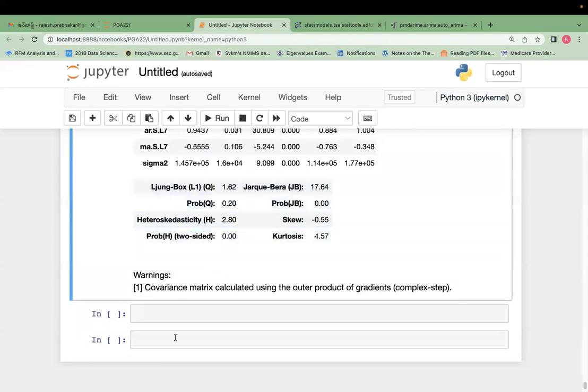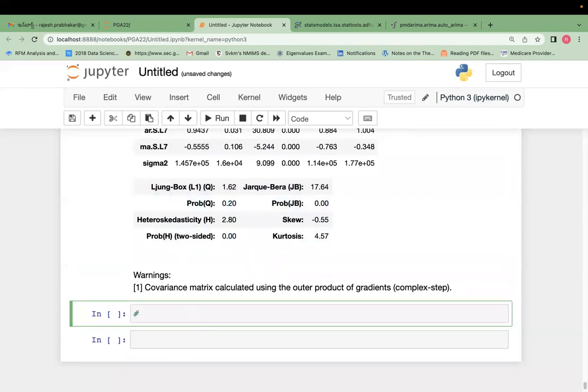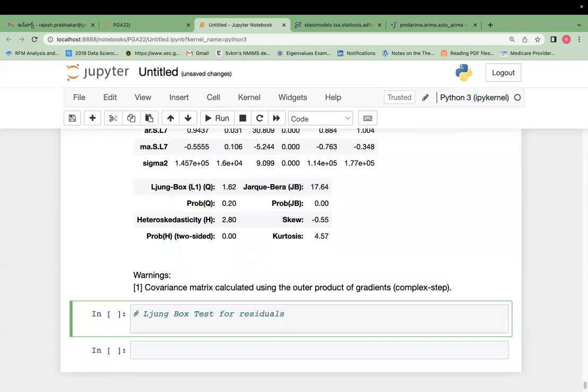Now in this box, the Ljung-Box test for residuals is very important. The null hypothesis is the model does not show lack of fit, or the model is fine.